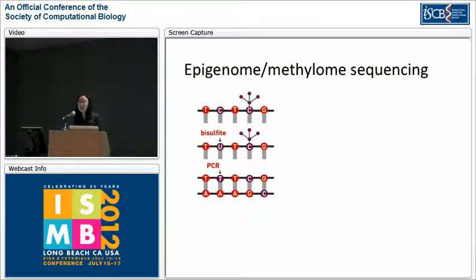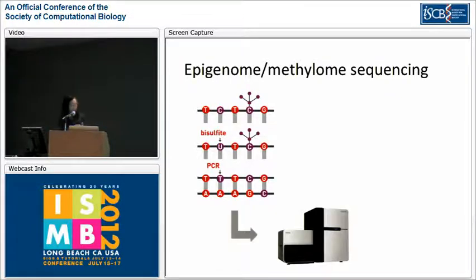And now, of course, with high-throughput sequencing, we can obtain the entire epigenome or methylome. I'm just going to use the two terms interchangeably here. The first whole methylome was obtained in 2008 for Arabidopsis, a model plant genome, using a technology called bisulfite sequencing.